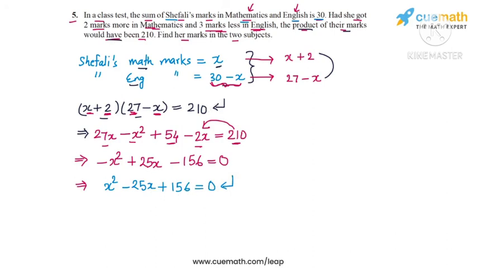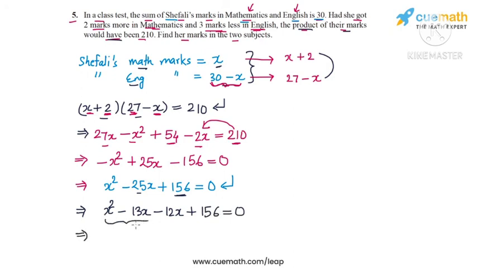Now let's solve this equation by splitting the middle term. So we know that 156 is 13 times 12, and 13 plus 12 is also 25. So we can split the middle term minus 25x as minus 13x minus 12x, and then we have plus 156 equal to 0. Now let's factorize this.